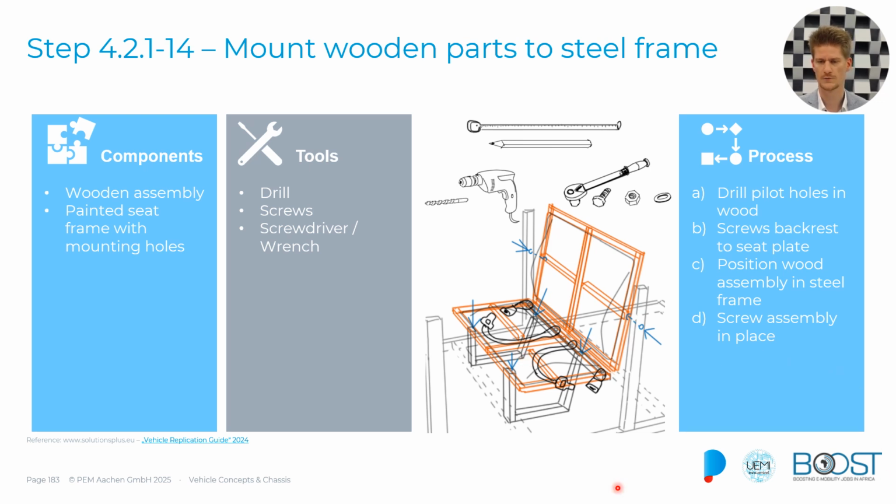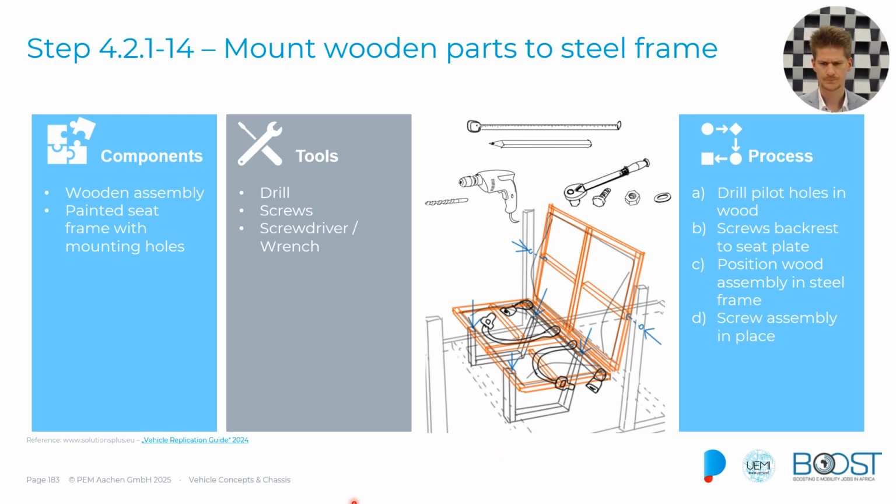It would be great to drill some pilot holes into the wood and then screw the backrest to the plate. In this case, it will be the support frame, and also down here onto the support frame of the seat. And for the seat pan, we will also place it on the support frame.